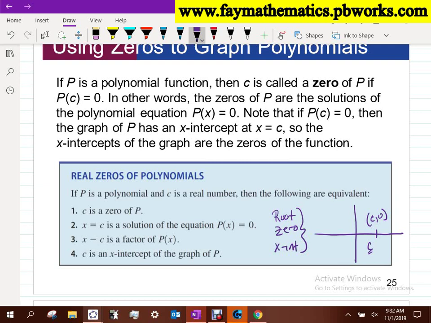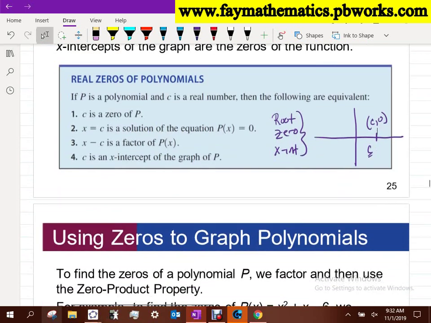But if C is a 0, so think about this. Let's say our P of X factored down to X plus 3 and X minus 4. You eventually got down to X equals -3 and X equals 4, right? That's that line right there where they're saying X equals C is a solution of the equation P of X equals 0.